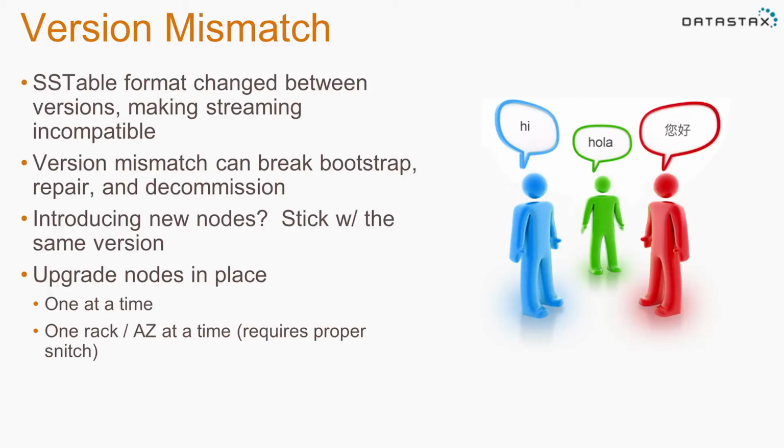Another problem we see, so the data in Cassandra is stored in what we call an SSTable on disk. Okay, so it's a particular file format. And sometimes we see, so say you're running Cassandra 1.2, and you want to scale out. It's Cassandra, that's what you want to do. You want to scale out at times. And you're on 1.2, and 2.0 has just been released, right?